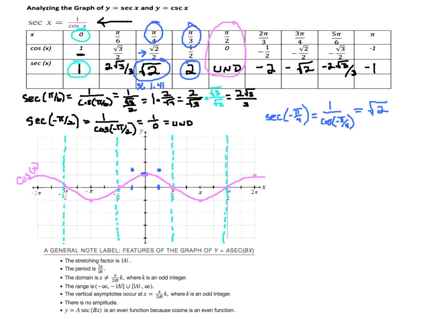Pi over 3 lies between pi over 4 and pi over 2, about right here. So that comes out at positive 2. And sure enough, if you do the math, negative pi over 3 comes out at positive 2 as well.